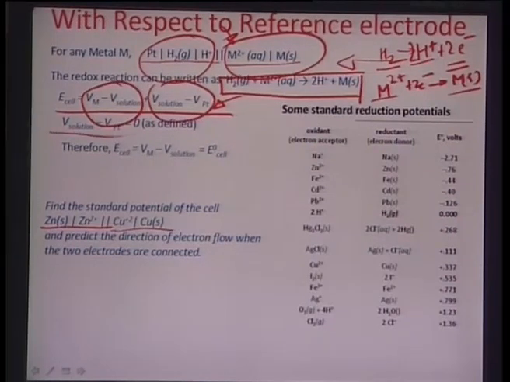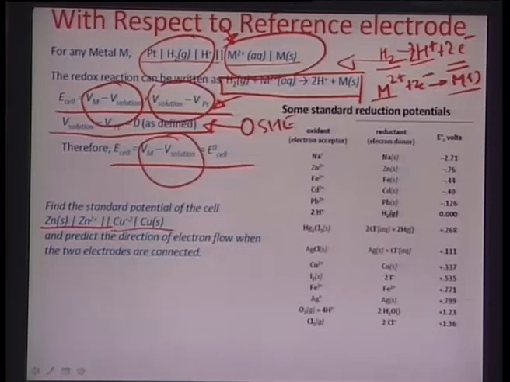We define the voltage of solution minus platinum to be 0, because that is the scale of the SHE, the standard hydrogen electrode, and therefore the E cell comes out to be nothing but V metal minus V solution, and we call this the absolute potential of the particular metal ion combination. Very useful to find out.